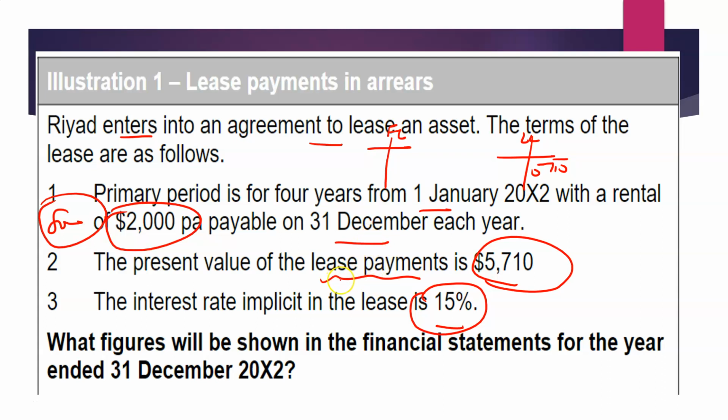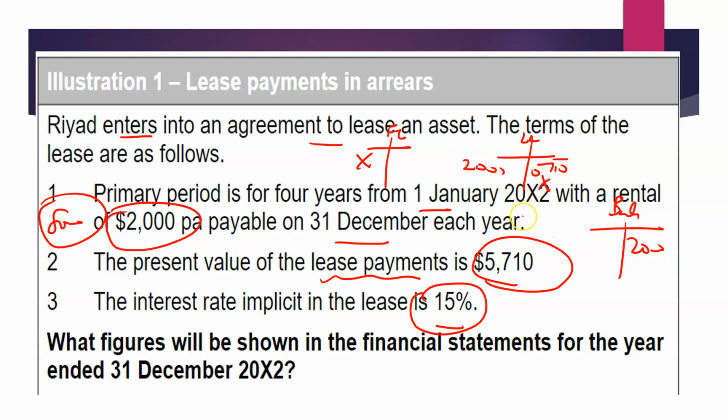Okay, great. So, where are we? Here we are. We start off with this 15%. So we do 15% on the 5710, and record that as a finance cost, of course, and then pay off the 2,000 out of the bank. Here we have bank 2000. And this falls every single year.